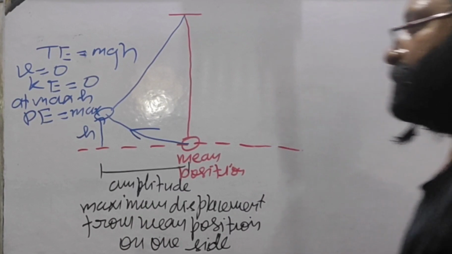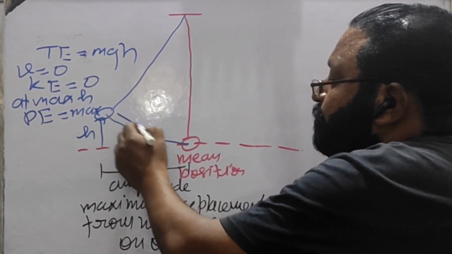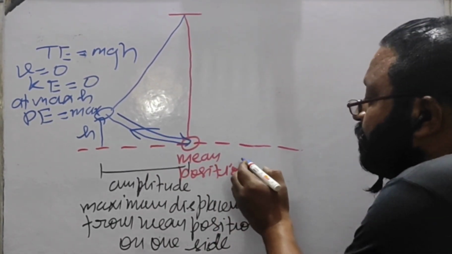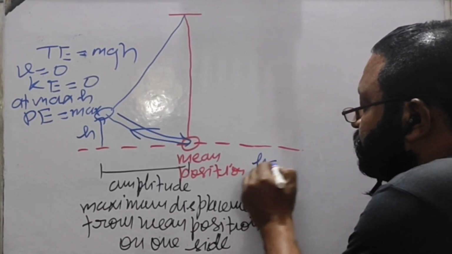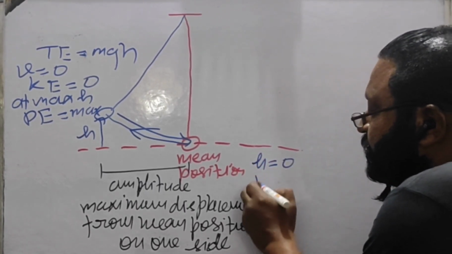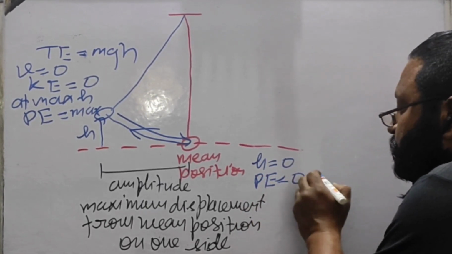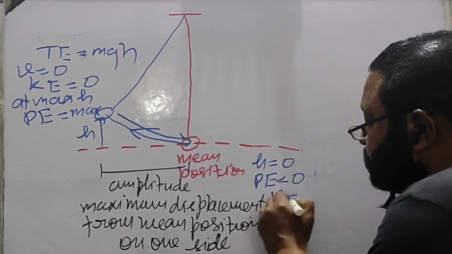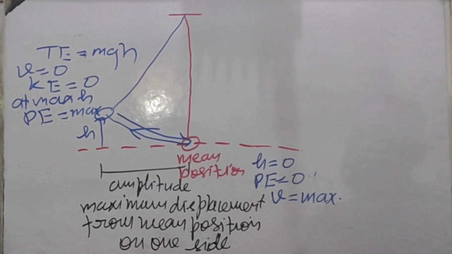Now, when it comes back to the mean position, h is equal to 0, so potential energy is 0 and velocity is maximum.